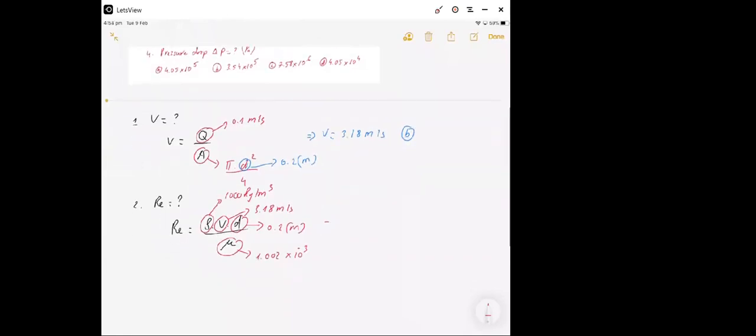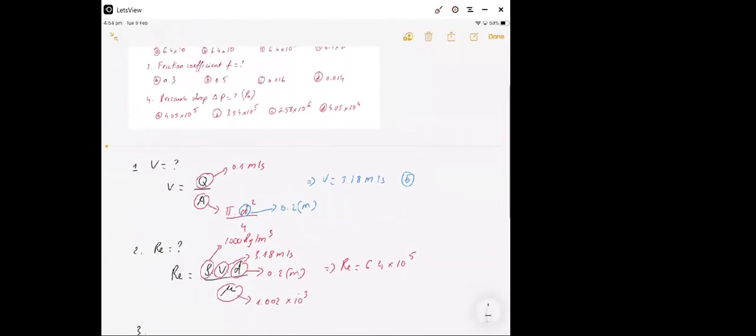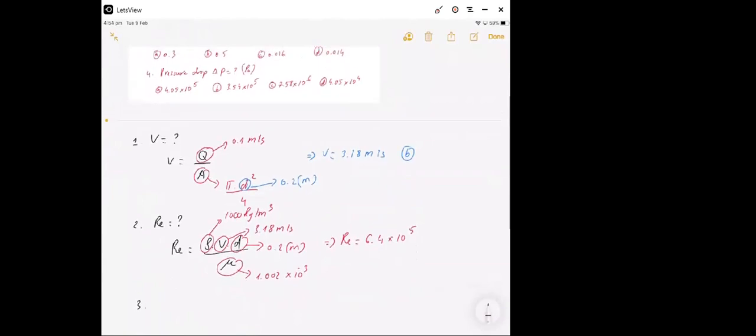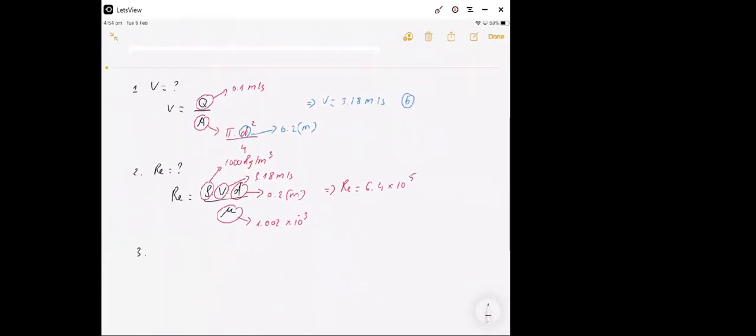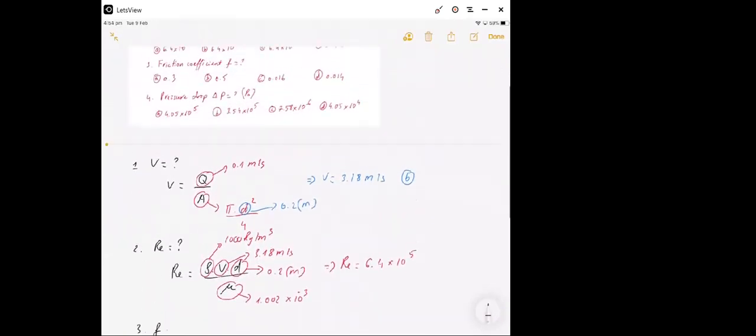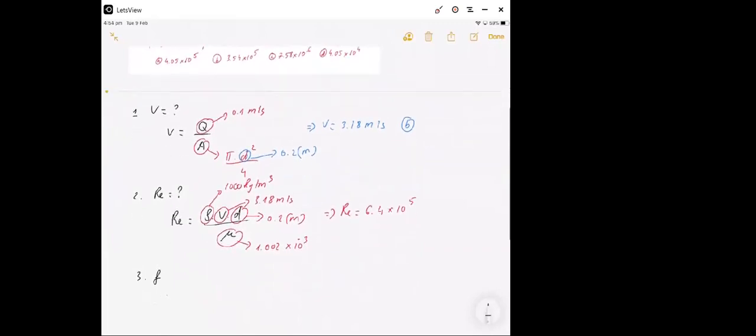So the Reynolds number you have here is 6.4 times 10 power 5. Question 3, friction coefficient F. We find F for internal flow.